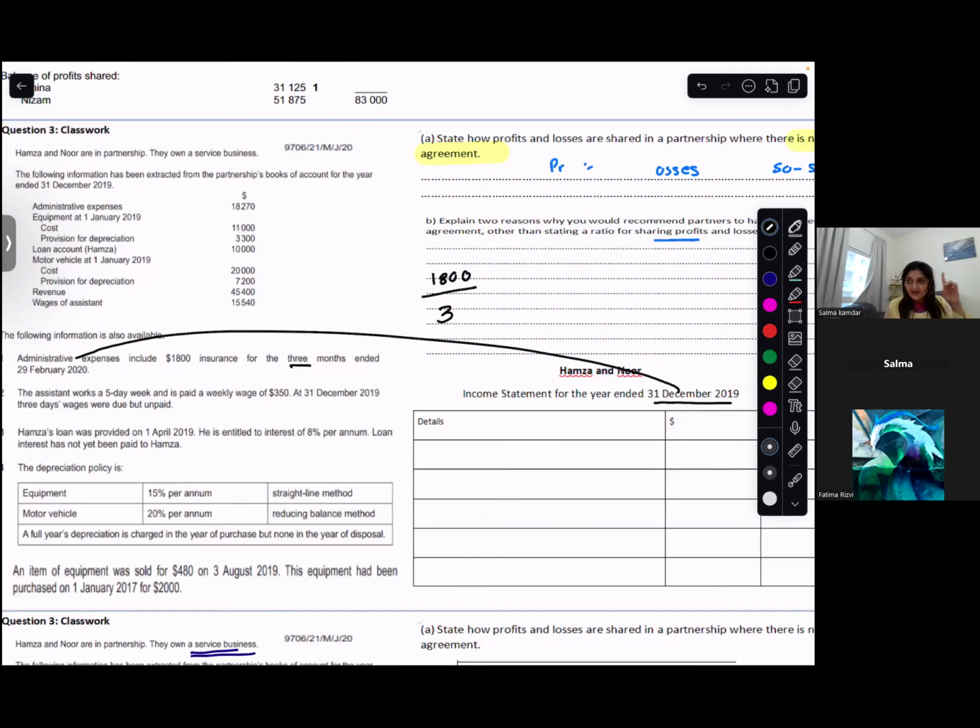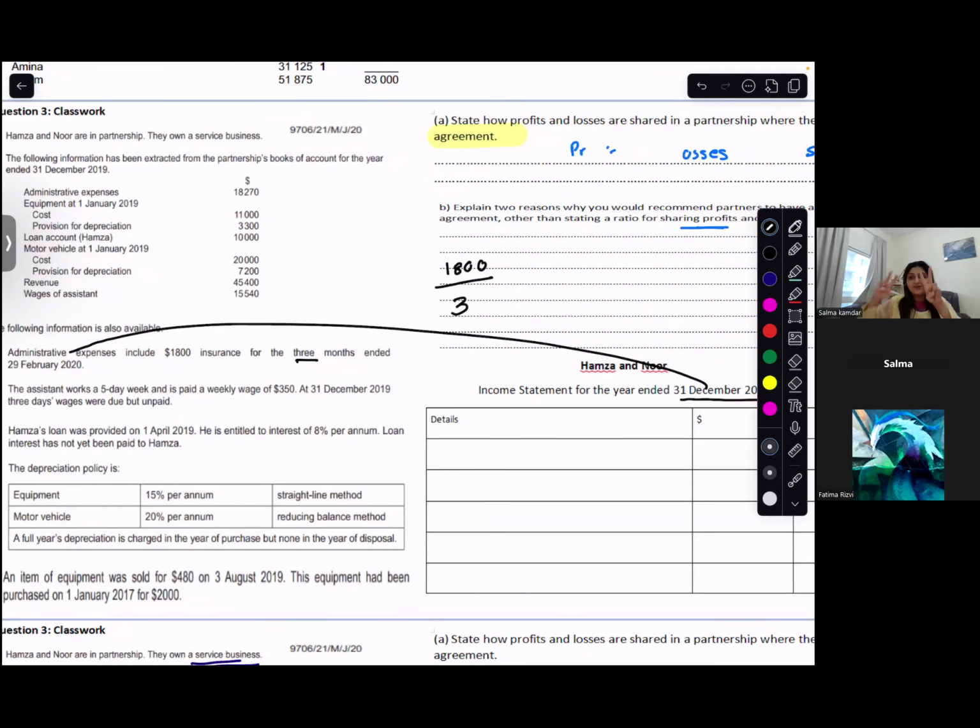That means I have paid for January and February extra, which relates to next year. 2 months is not related to the current year, so 2 months amount is prepaid. So 1800 into 2 divided by 3, 1200 is prepaid.